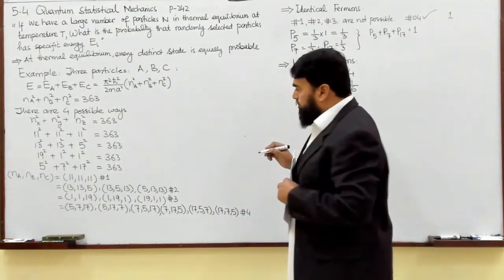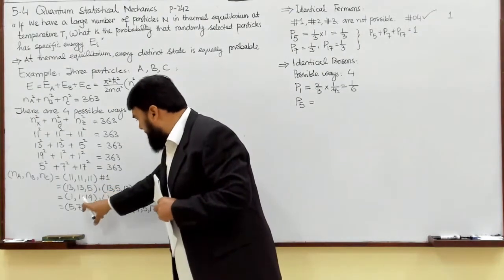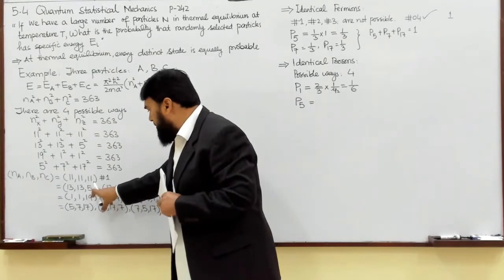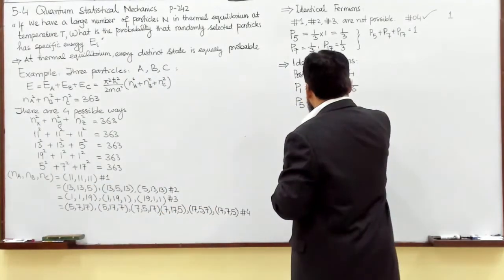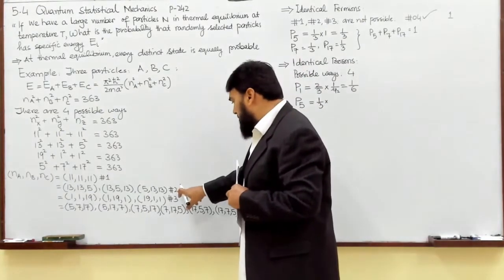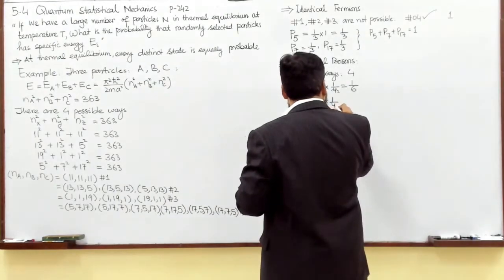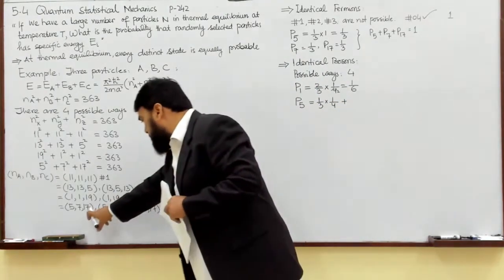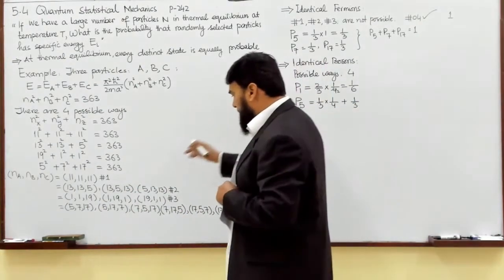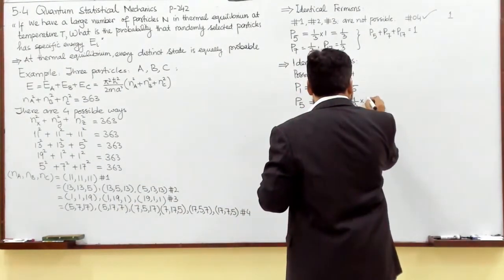Similarly, we can calculate the next probability, which is P5. Now, what about P5? We have 5 here. So if I calculate here, this is 1 over 3 multiplied by the chance of getting configuration 2, which is 1 over 4, plus here it is 1 over 3, and the chance of getting configuration 4 is also 1 over 4.